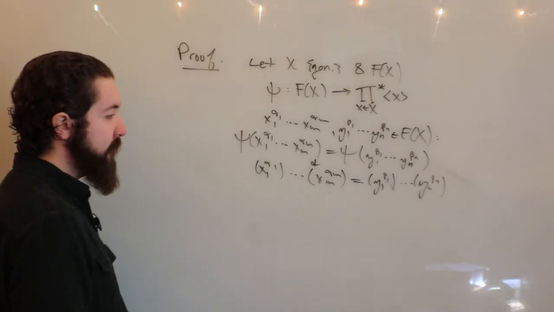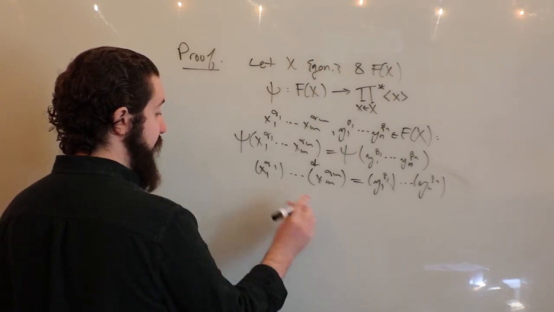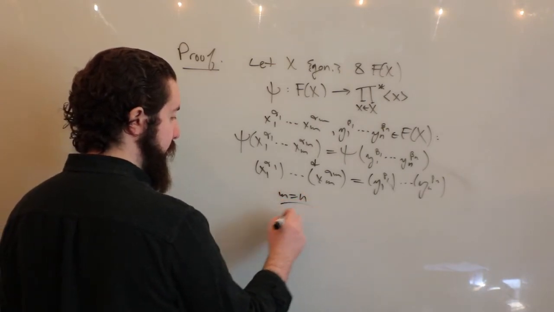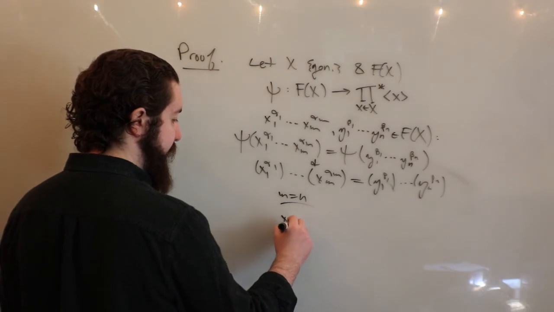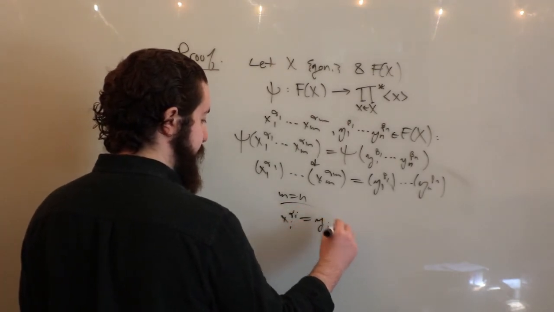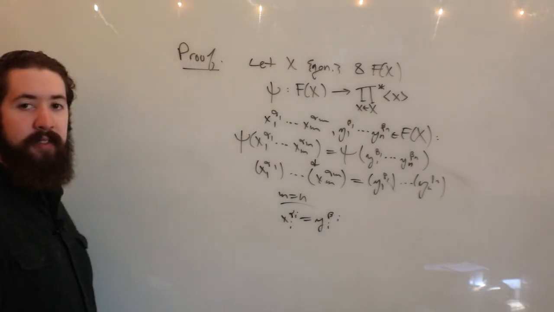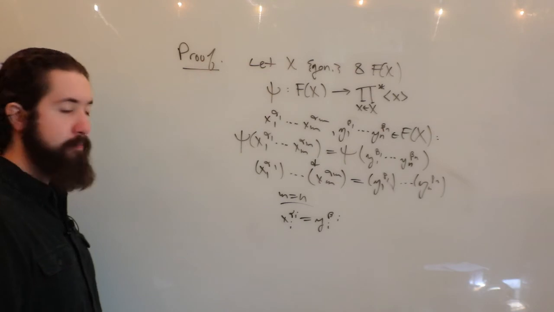So if they are the same word, then we have m equals n, first of all, and we're going to have x sub i to the alpha i is equal to y sub i to the beta i, and have pairwise equality here.